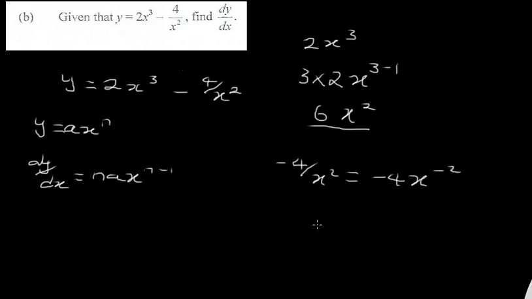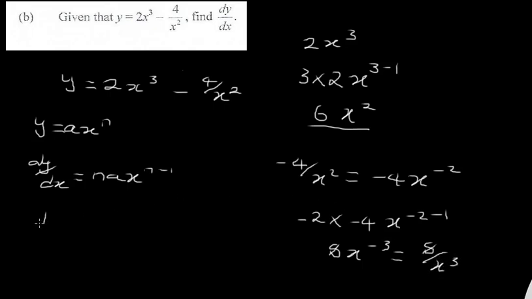Then we'd have negative 2 multiplied by negative 4x to the power negative 2 minus 1, and this gives us 8x to the power negative 2 minus 1, which gives us negative 3, which is simply the same as 8 over x to the power 3.